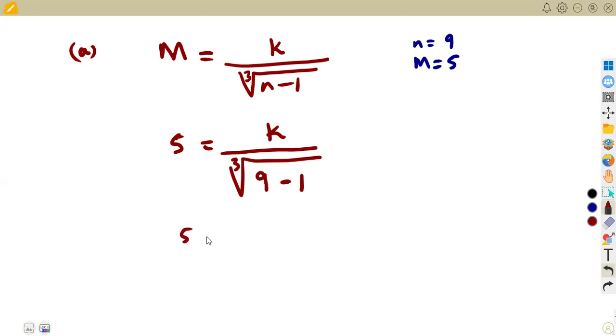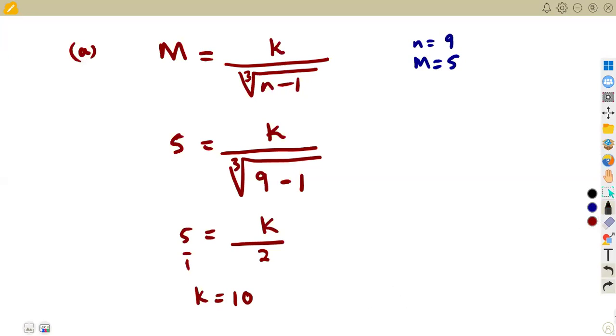Simplifying, that will be the cube root of 8, which is 2. Cross multiply, guys, and you get the value of k being 10. Like I said, this is just a straightforward type of question from variation in O-level mathematics.